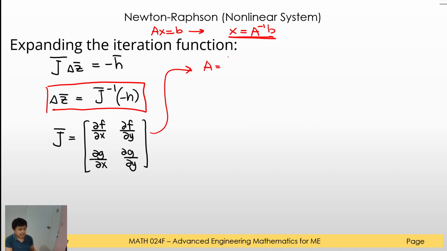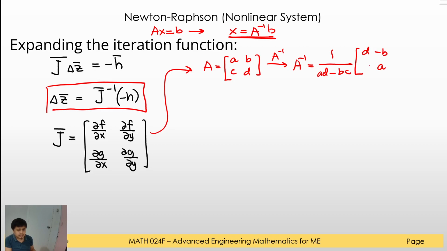If you have a 2x2 matrix A, let's say with entries a, b, c, and d, then the inverse of the matrix will be 1 over ad minus bc, multiplied by the matrix with d and a, and then negative b and negative c. This is just a shortcut method for finding the inverse of a 2x2 matrix.